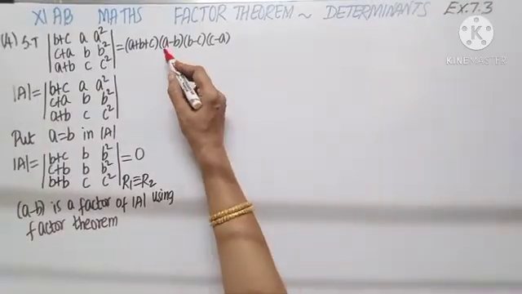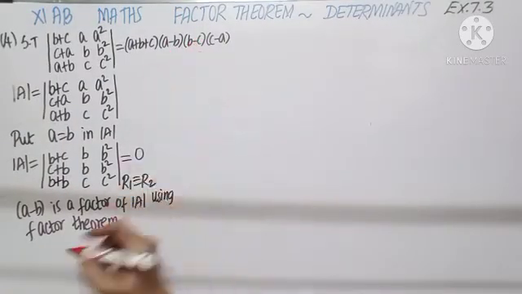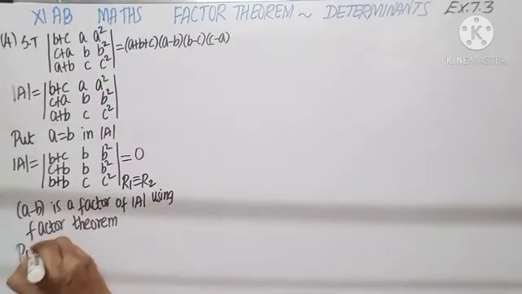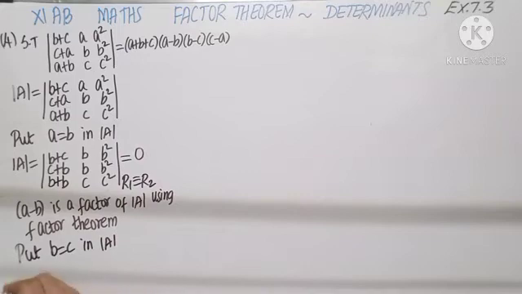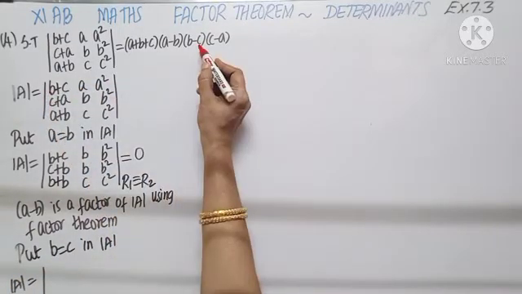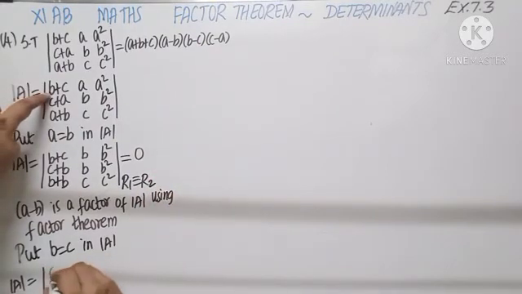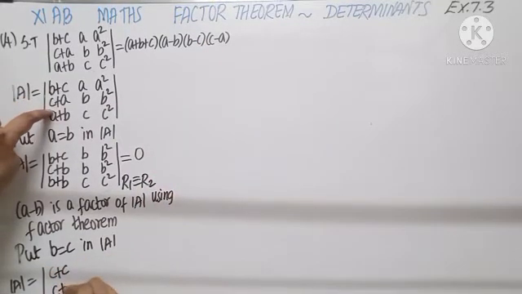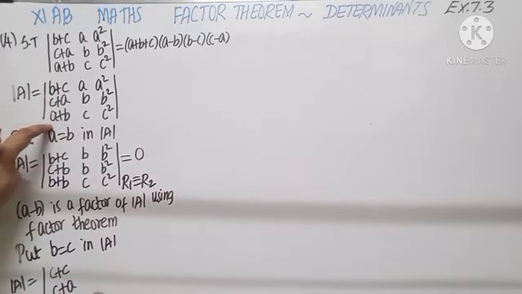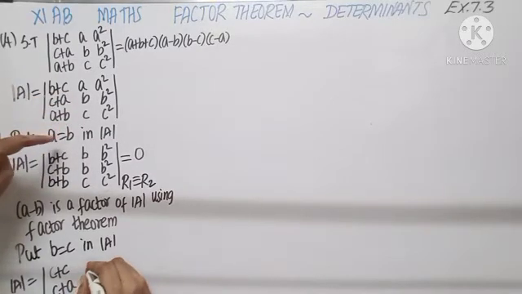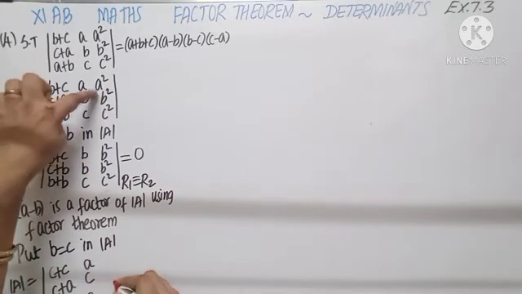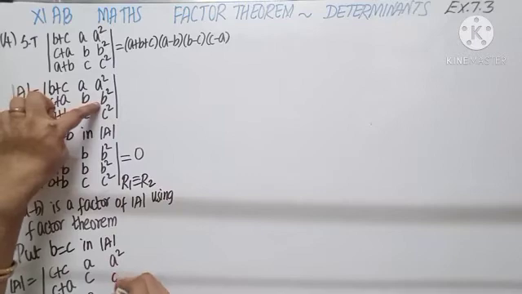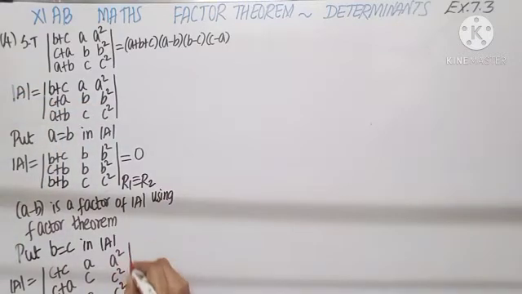The same pattern we will go on to B minus C. Put B equals C in the determinant. Determinant A becomes, wherever B comes, I must put C now. So it is C plus C, C plus A, A plus C. Second column, A as it is, B becomes C, C as it is. A square, B square becomes C square, and then C square.